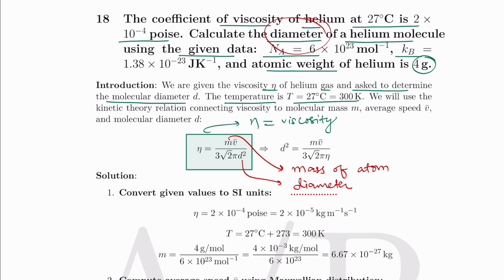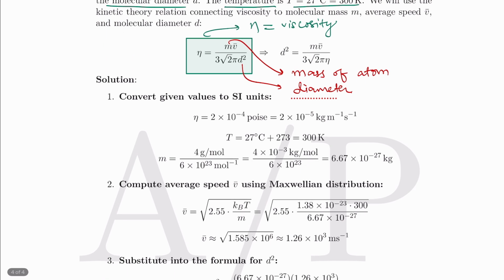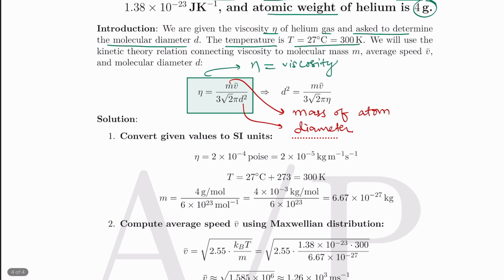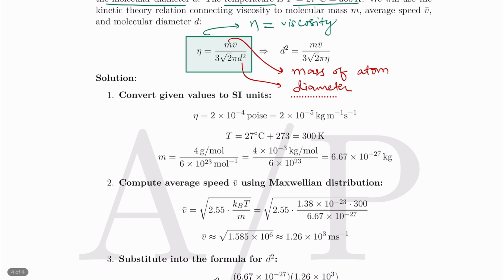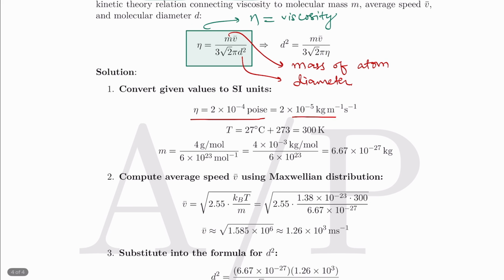So you use that formula, take out the diameter on one side, and then put the required substitution there. We have this viscosity which is 2 multiplied by 10 to the power minus 4 poise, and whenever you convert that to the SI unit, you multiply by 10 to the power minus 5 kilogram per meter per second.